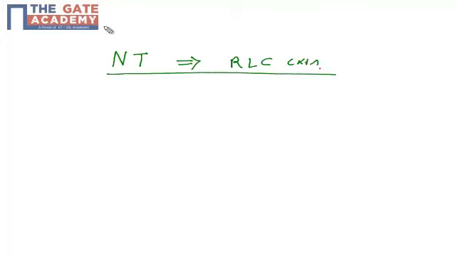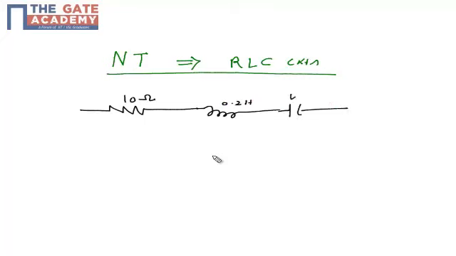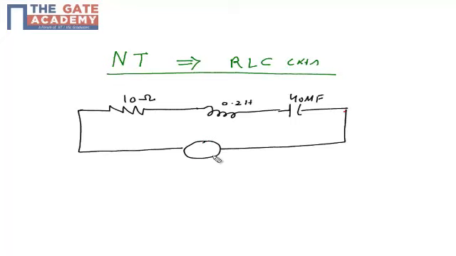In the question, we have a series RLC circuit with a resistance of 10 ohm, inductance of 0.2 Henry and capacitance of 40 microfarad, and we have a supply of 100 volt and some frequency f.